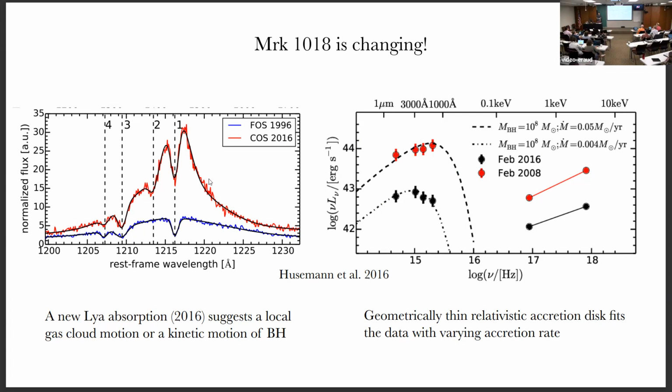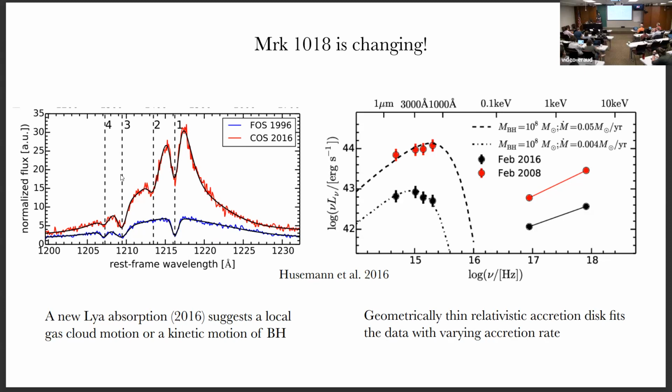The red is 2016 and the blue is 1996. The number 2 here is the new absorption feature obtained in 2016. So the new Lyman alpha absorption around 2016 also suggests that there could be a gas cloud moving in front of the emission system, or the black hole itself is actually moving. So it could be just line of sight obscuration happening at a certain period of time.